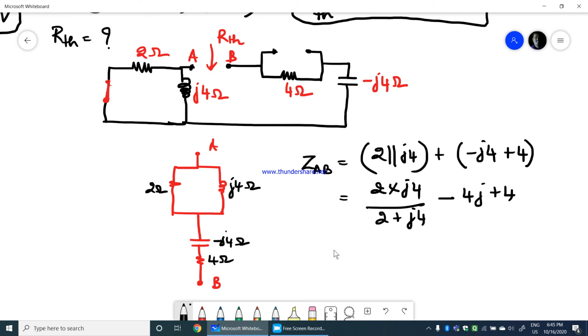If you solve this, finally you will end up getting ZAB equal to 6.45 at an angle minus 29.74 ohms.